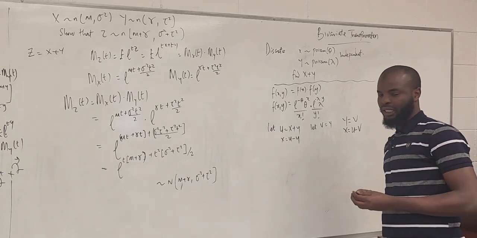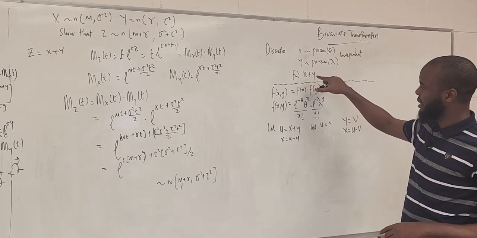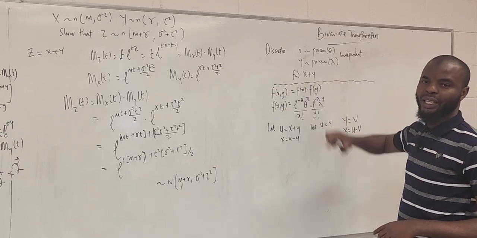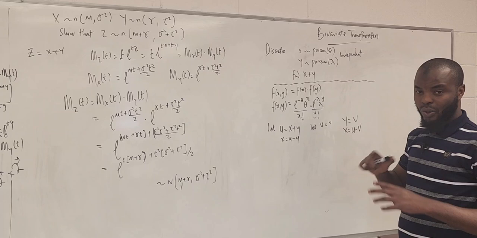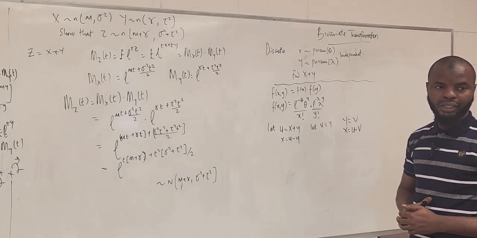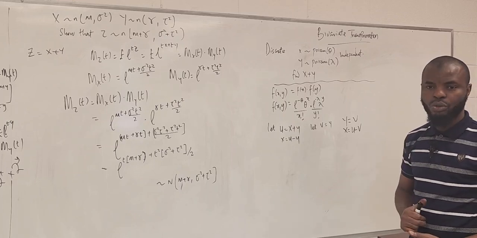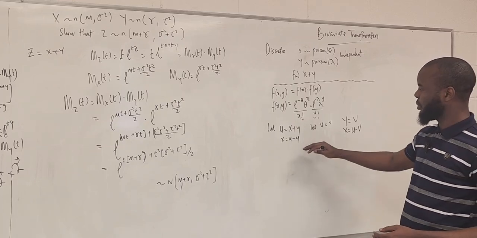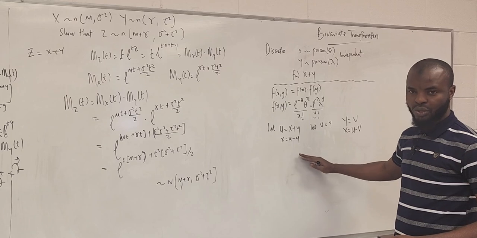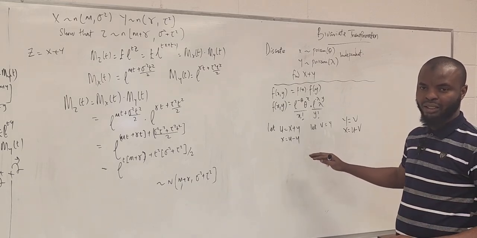You see, if you are given this condition, you only need to get what x is and what y is. So any value given to you, let it be equal to u. Anything you want to find, let it be equal to u. Immediately I do this question, we have a lot of questions on this, and we are going to do the past questions for you to see what I'm talking about.